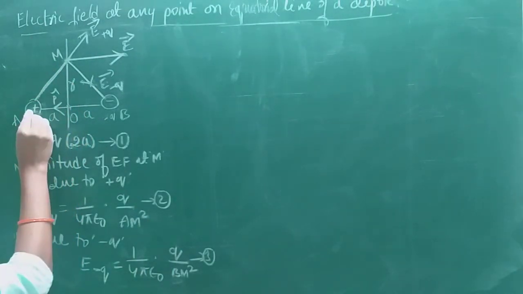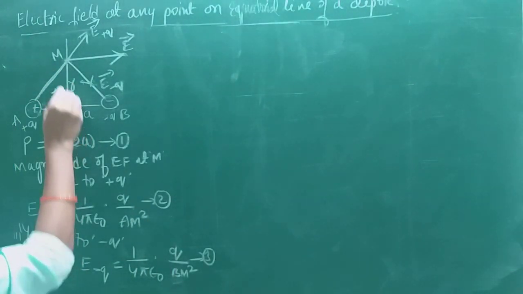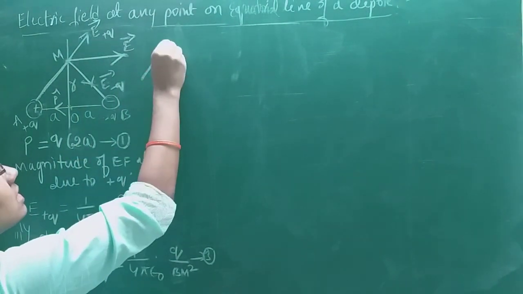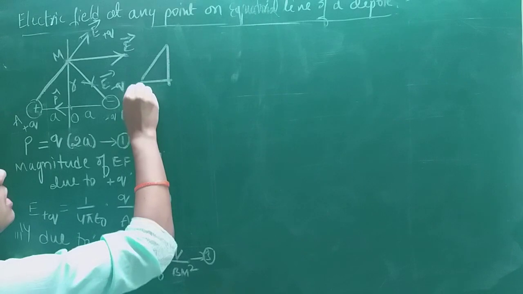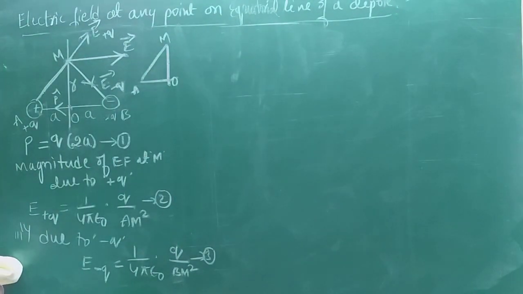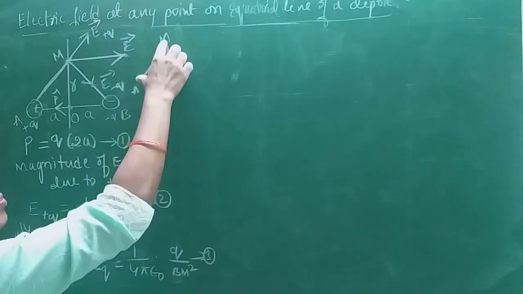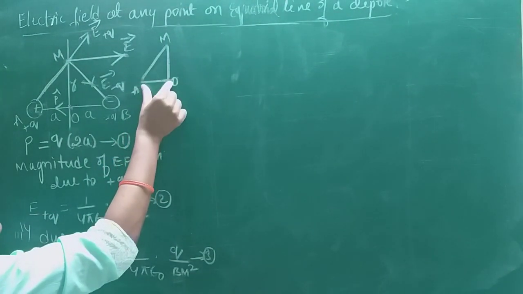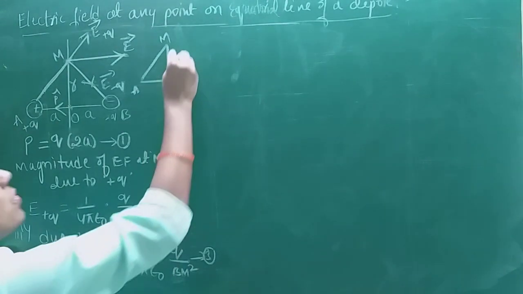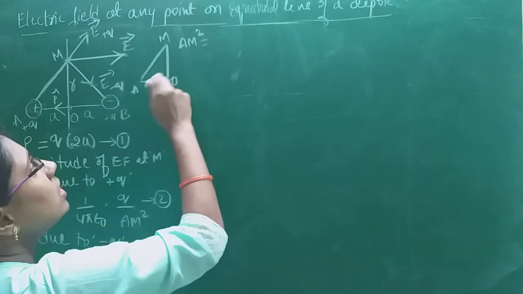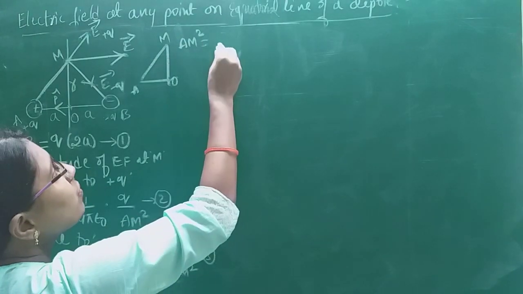For that, let us consider the triangle AOM. If we consider this as the triangle AMO, from Pythagoras rule, we write hypotenuse square is always equal to opposite square plus adjacent square, right? So we write AM square is equal to AO square plus MO square.